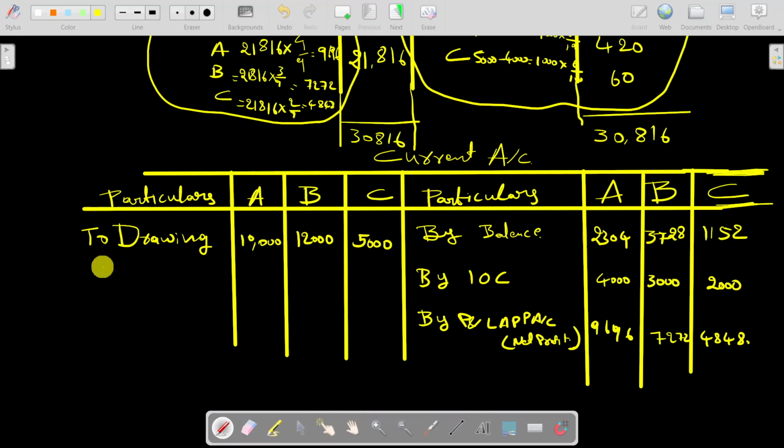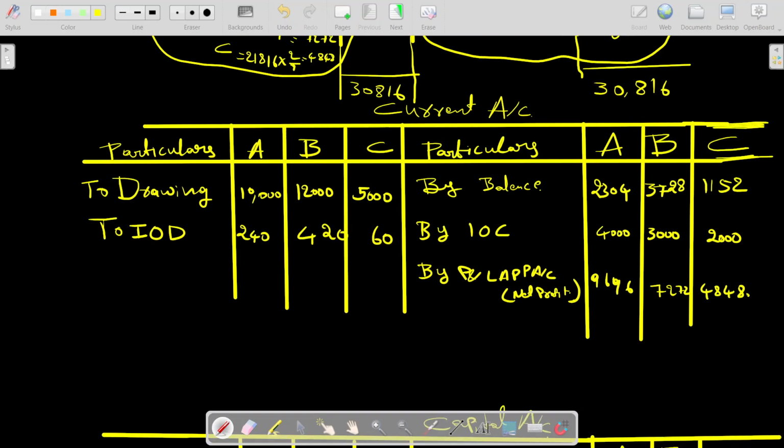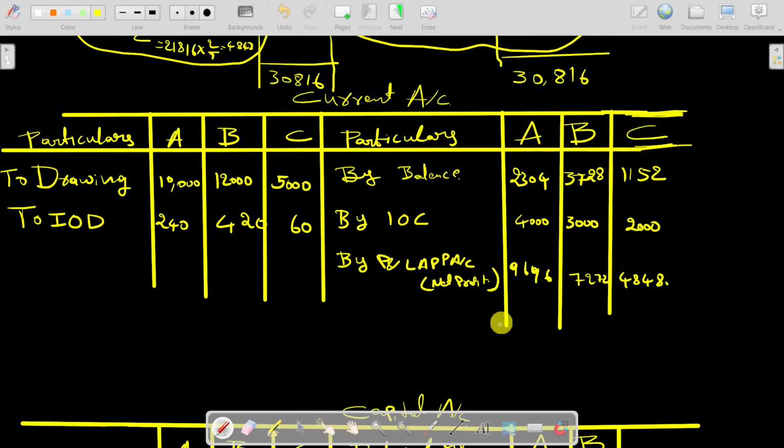And to interest on drawings 240, 420 and 60, right? These are the balances we will get in the current accounts, and we have to do balancing here.